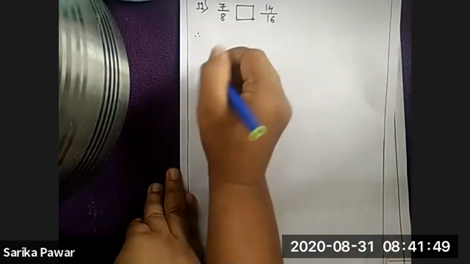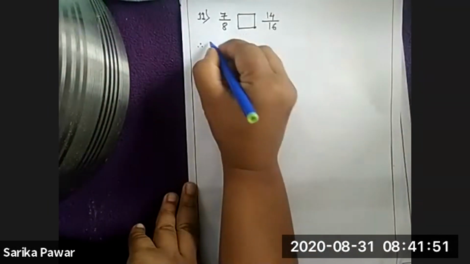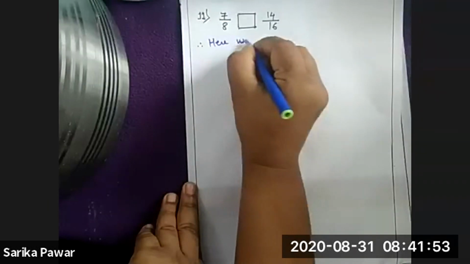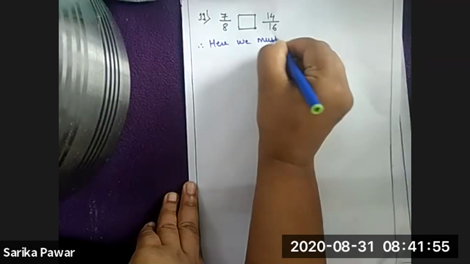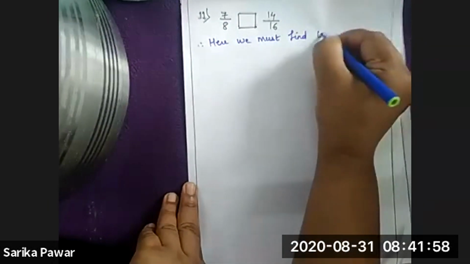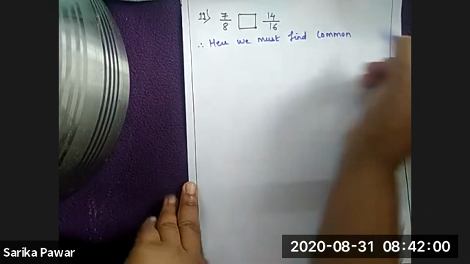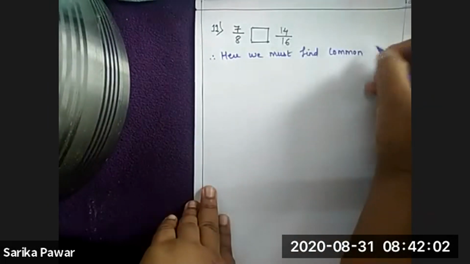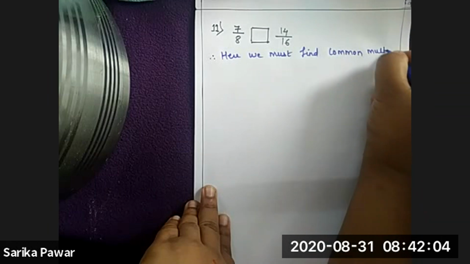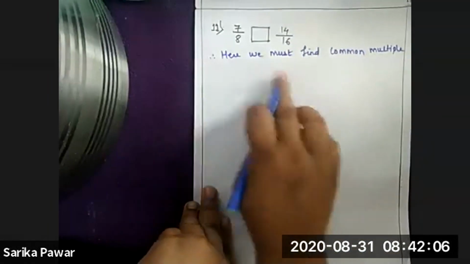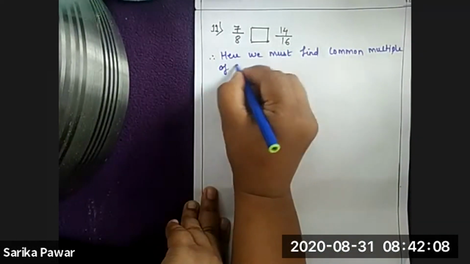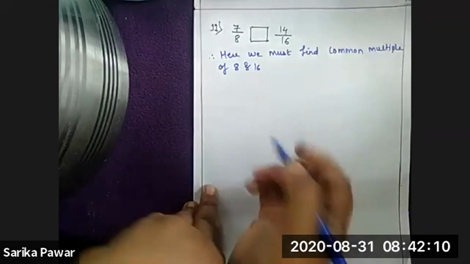First step, tell me. Common multiple we have to find, right? Steps are the same. Don't be confused and follow the steps. You will get the answer easily. Here we must find the common multiple of 8 and 16, right?